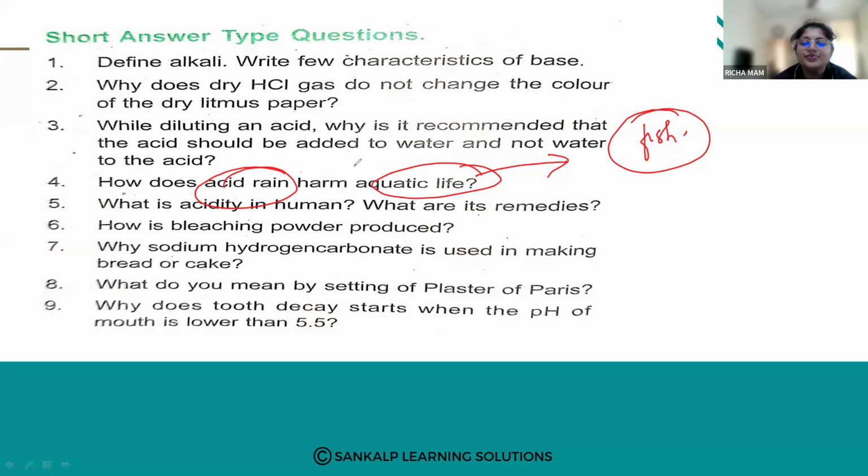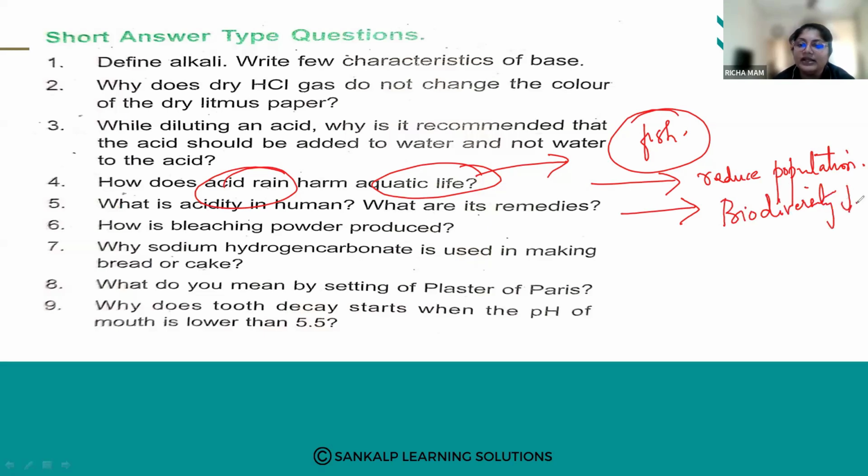It will harm or kill individual fish and reduce their population. Slowly, it will eliminate fish species from the water body, and in turn their biodiversity will decrease.